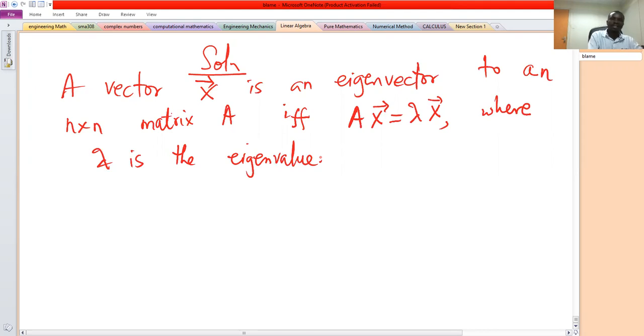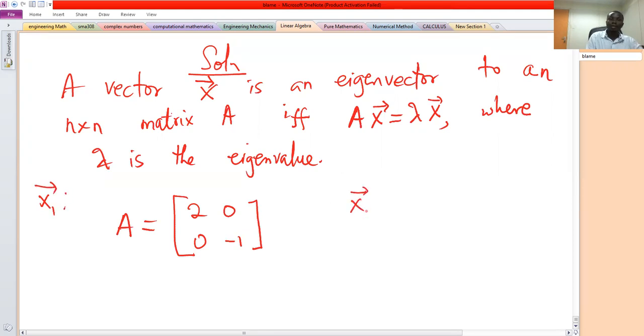In the first case, we have the matrix A given by 2, 0, 0, -1. Let's state now x1. So x1 is given by 1, 0.